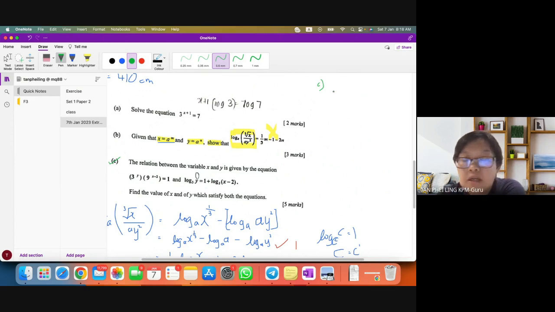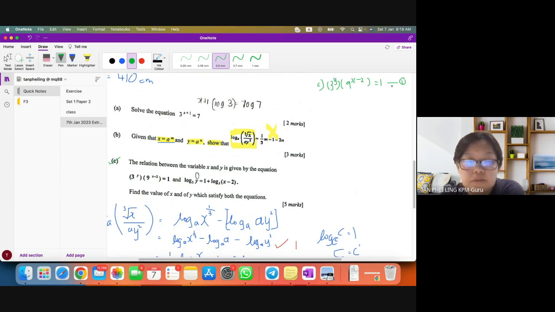Yeah, Rachel. So let's start solving. 3 power y, multiplied with 9 power x minus 2, equals 1. So this is our equation number 1.